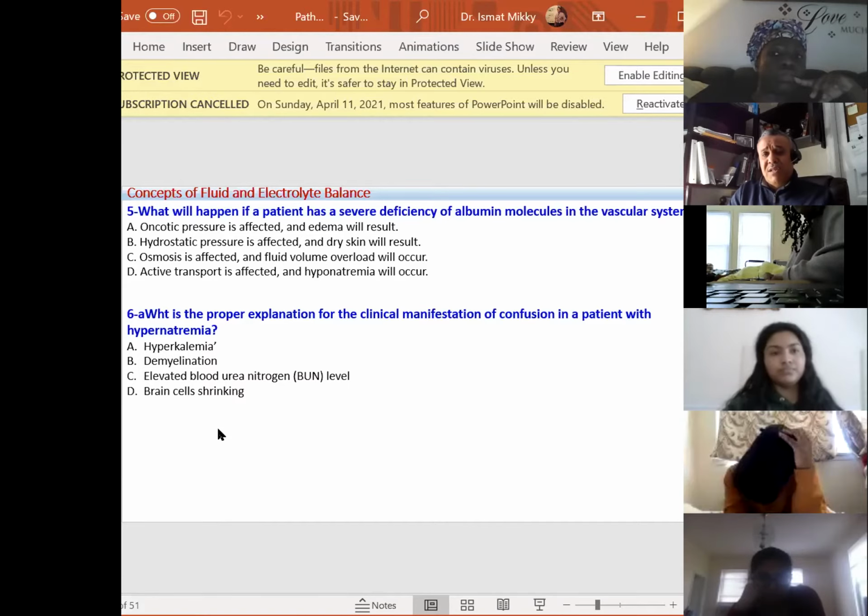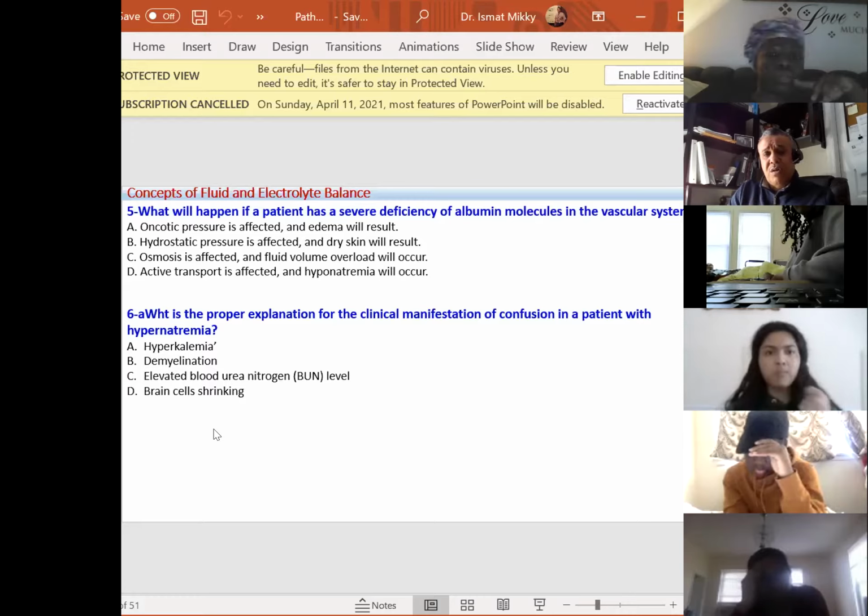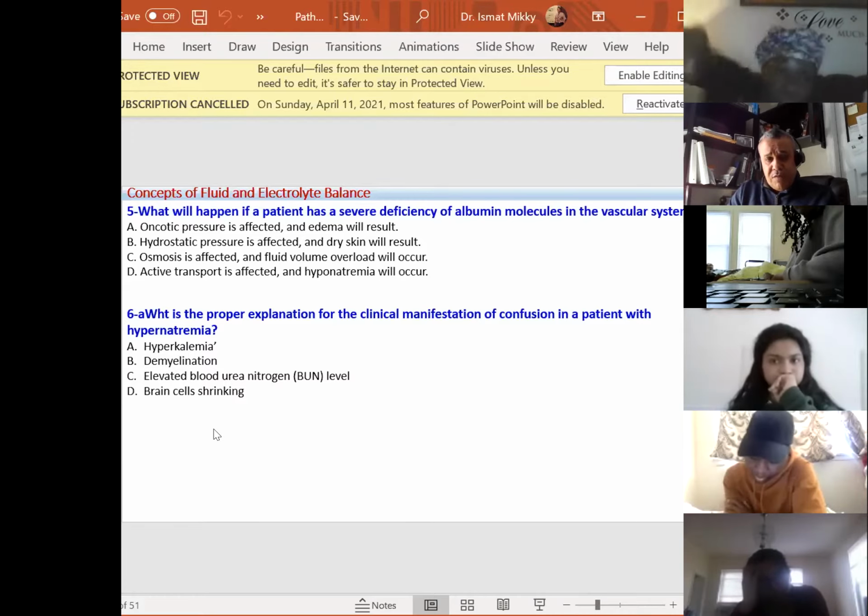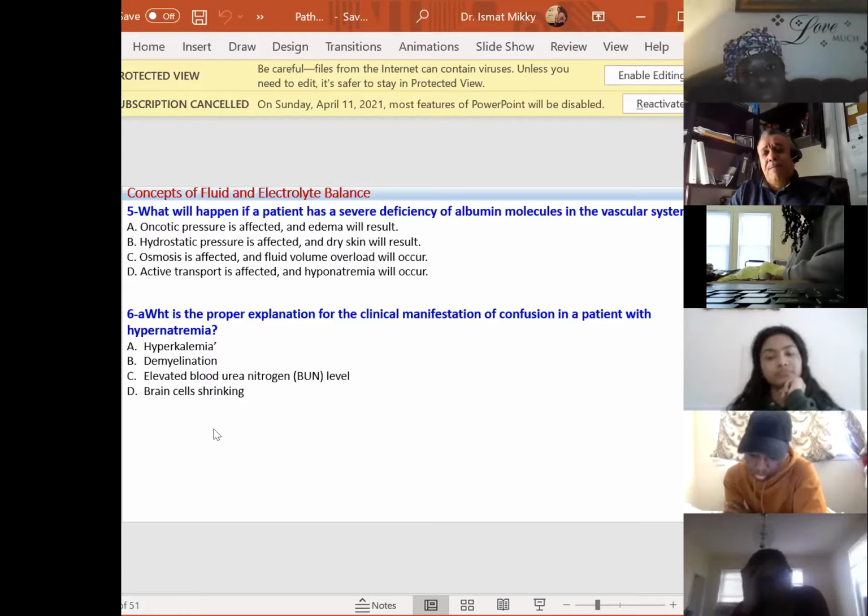So this is the vascular system, and albumin or protein molecules exert the oncotic colloidal pressure. It should pull the fluids back into the vascular system. So there is a deficiency of the albumin, right?